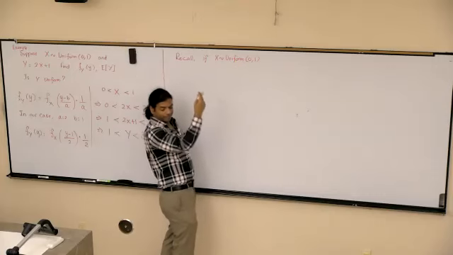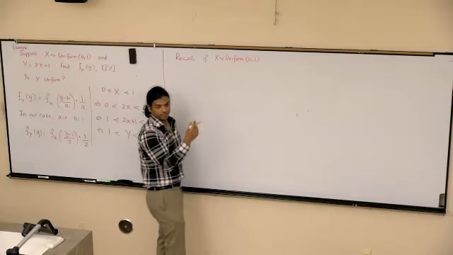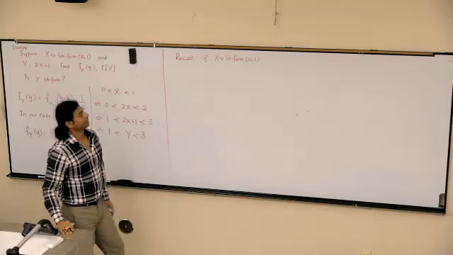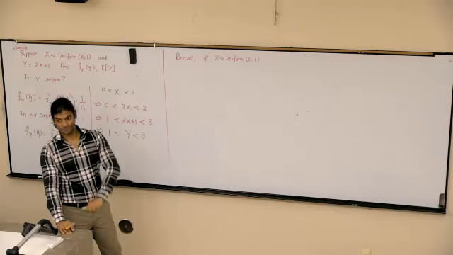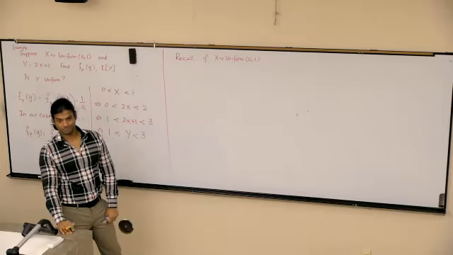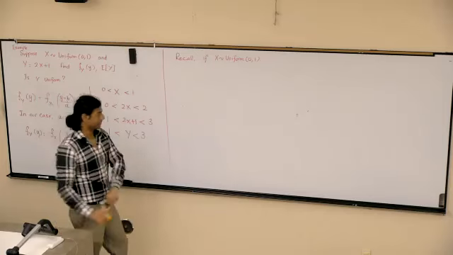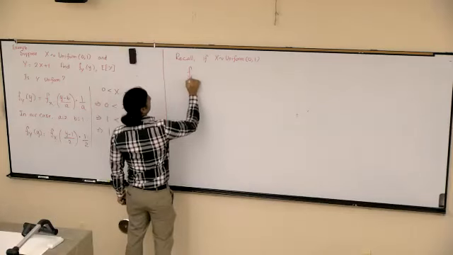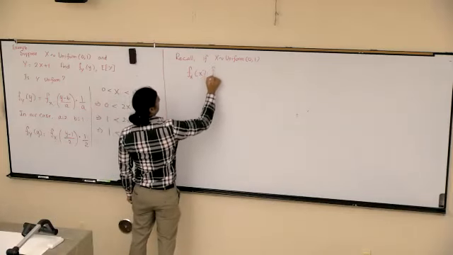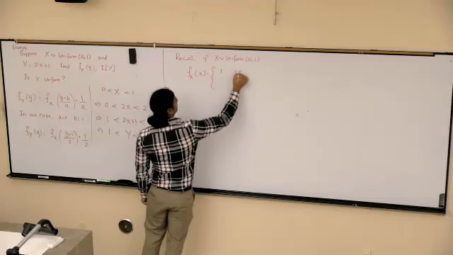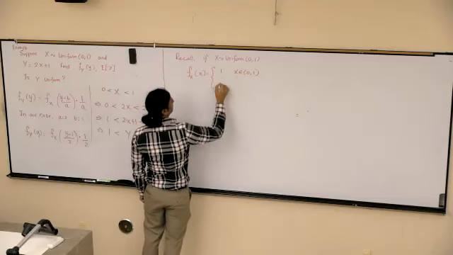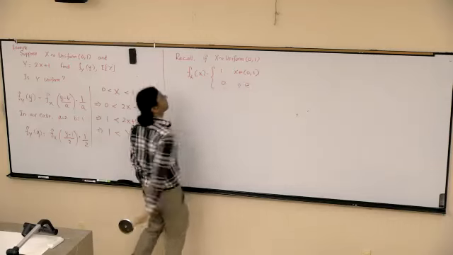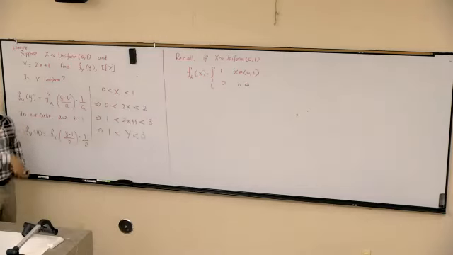Most important: the uniform distribution. So f_X(x) is just 1 for all values of x in 0 to 1, 0 otherwise. That said, now, what is the density of y?